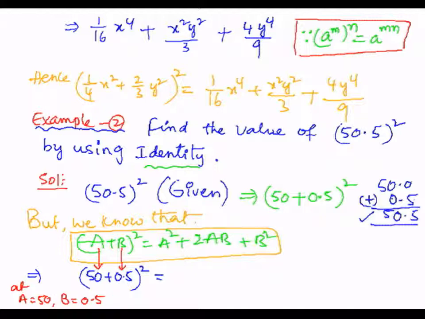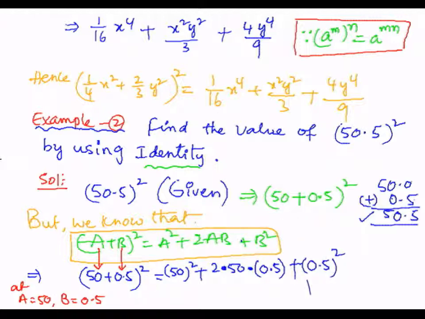So here a value is 50, so 50 whole square plus 2 into a into b, 2 into a value 50 into b value 0.5, let us write within bracket. This dot indicates into, and this is a decimal, plus b square. So here b is 0.5 and it must be squared since it is b square.